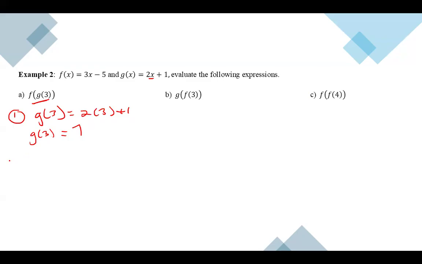Okay? Step 2 is to take what you got and plug it into the outer function. Our outer function is f, so now we're evaluating f of 7. So we have 3 times 7 minus 5, which gives us our final answer of 16.